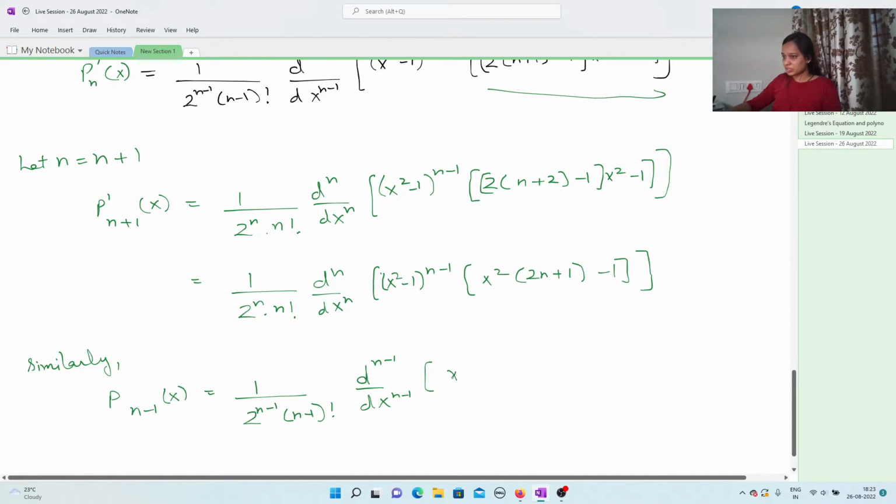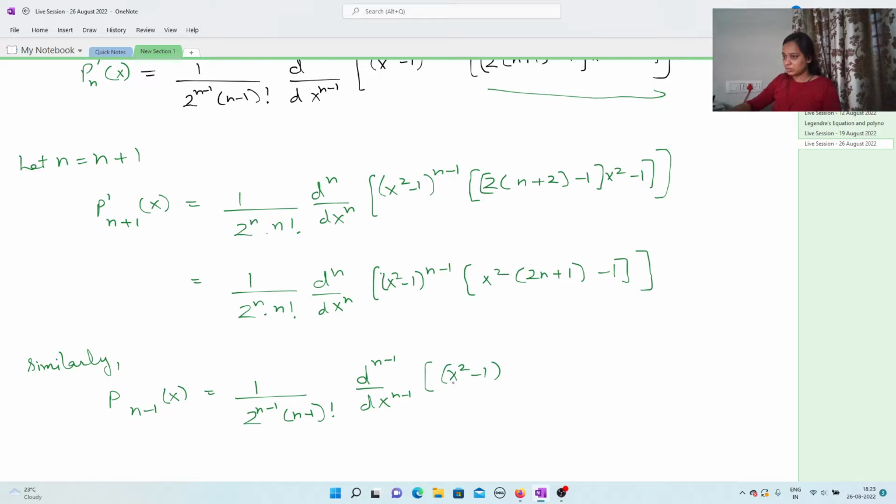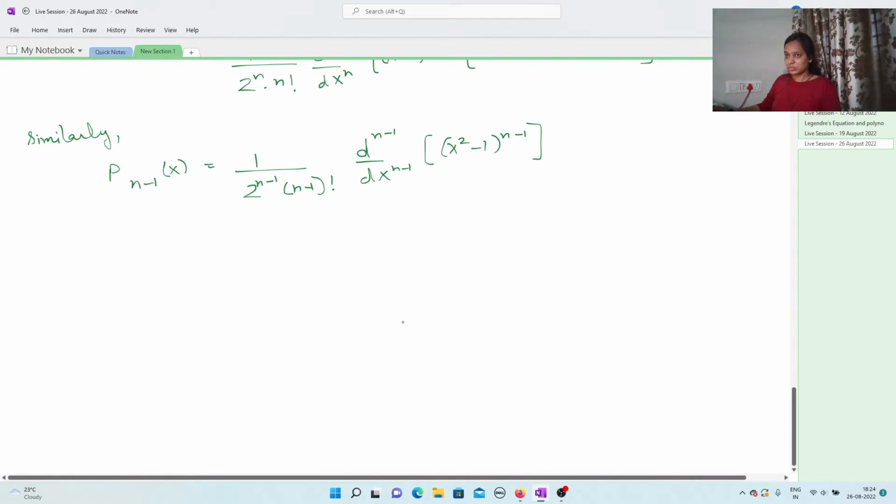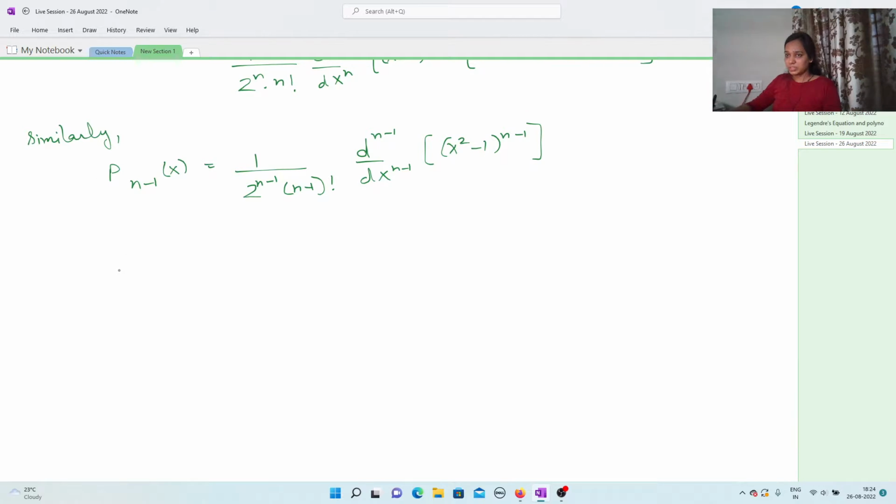So this is now x square minus 1 to the power n minus 1. So this is what we have as P n minus 1. Now what will be P dash n minus 1?